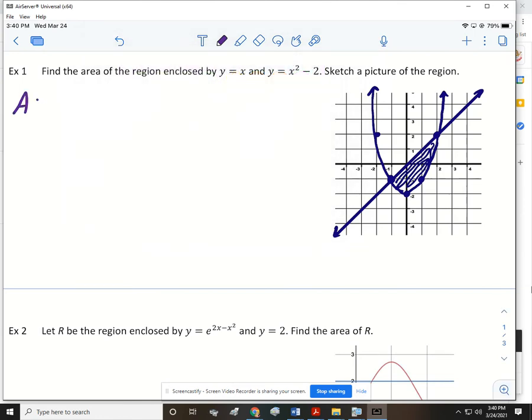Okay, so we're going to do the integral, and then I do need to know my boundaries. And so the left side boundary is when x is negative 1. The right side boundary is when x is 2. Now, if you can't get that from the diagram, or you just don't know how to draw it, you can do a system of equations where you set these two equal to each other.